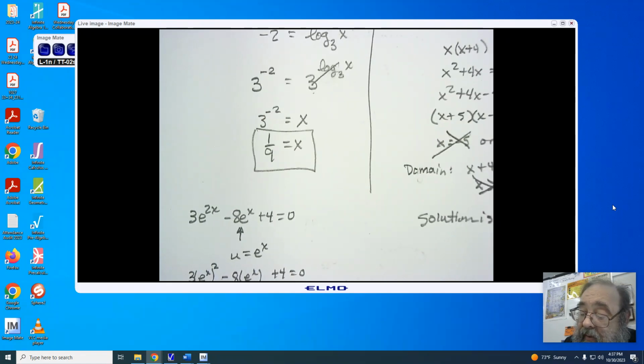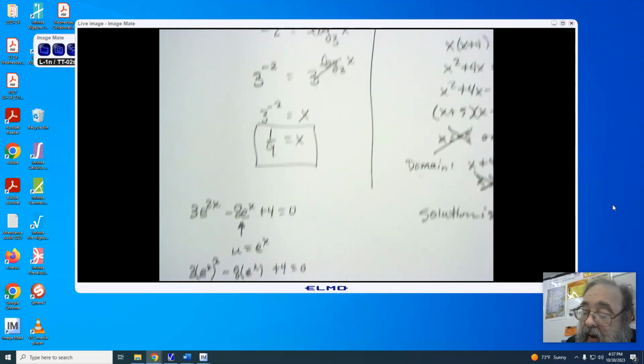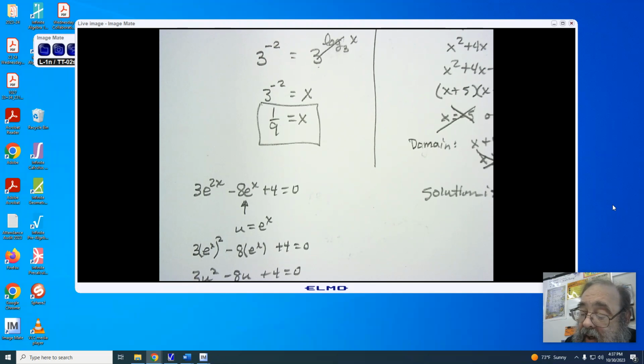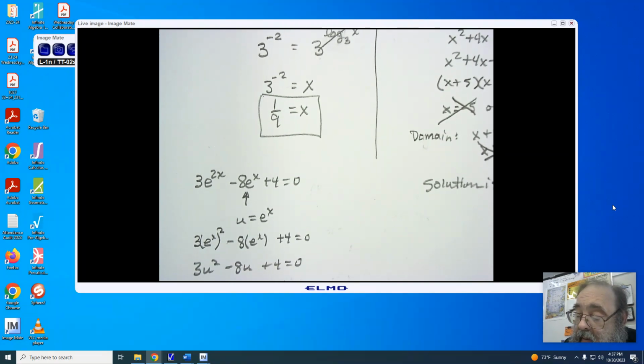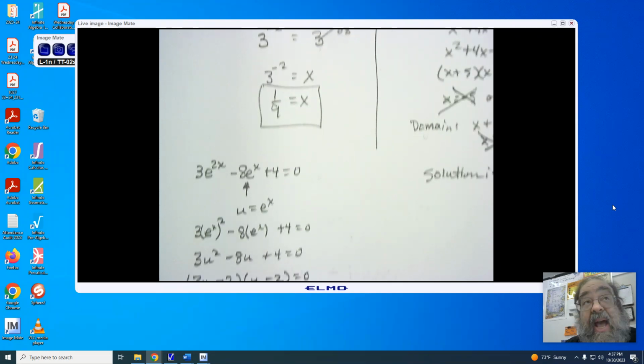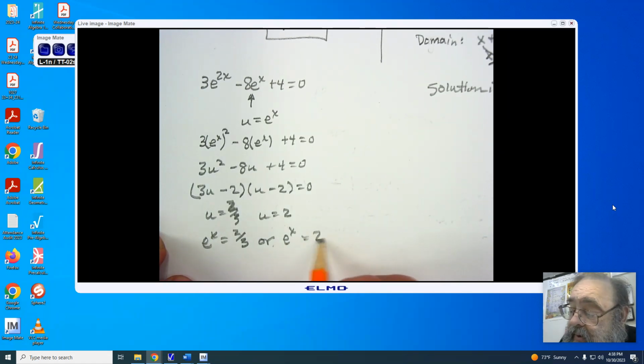This gives me 3u minus 2 and u minus 2 when I factor. I end up getting u equaling 2/3 and u equaling 2. Since my u is e to the x, I have two possible solutions. e to the x is equal to 2/3 or e to the x is equal to 2.